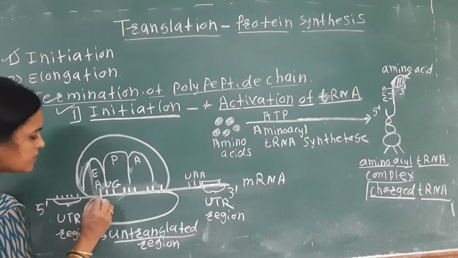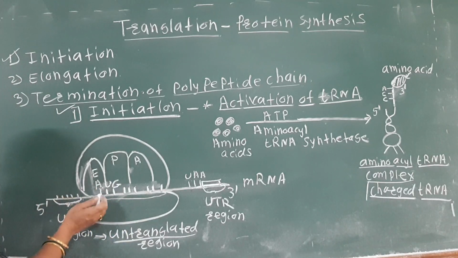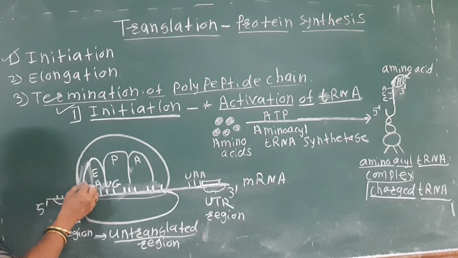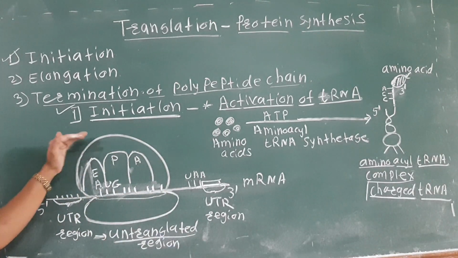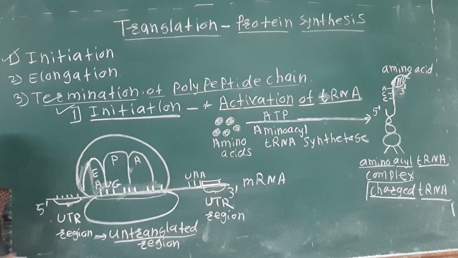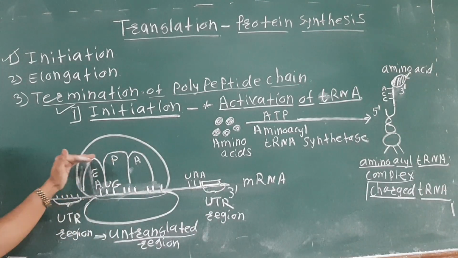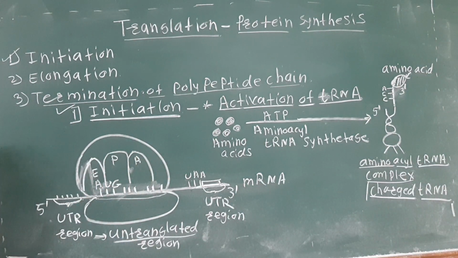म्हणजे हा रायबोसोमचा स्मॉलर सब युनिट जो आहे तो सुरुवातीला या UTR regionला अटॅच होईल, then the larger subunit gets attached. So see, when the larger subunit and the smaller subunit get attached on the mRNA, then what happens during the initiation, the first step takes place, that is the charged tRNA enters through the P site, here the P site.